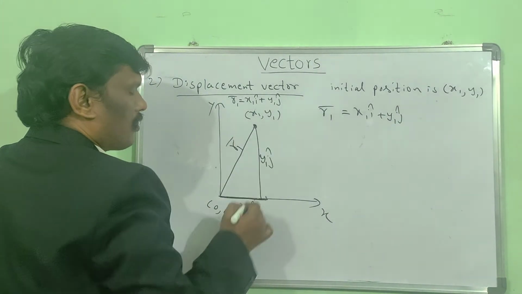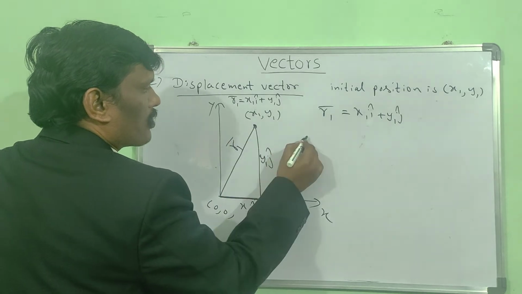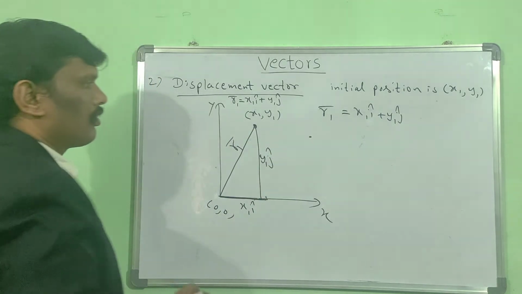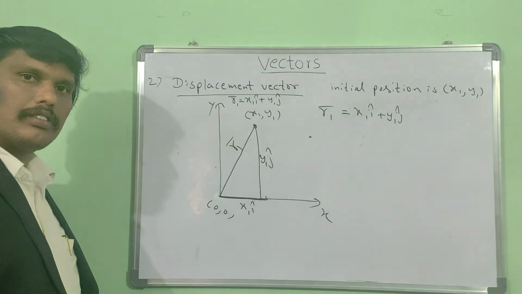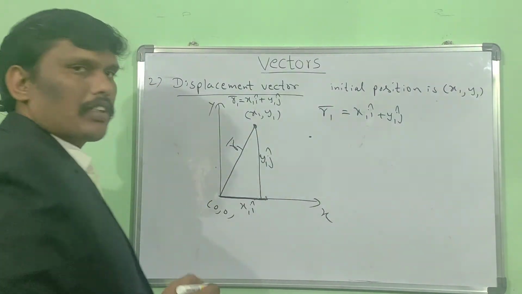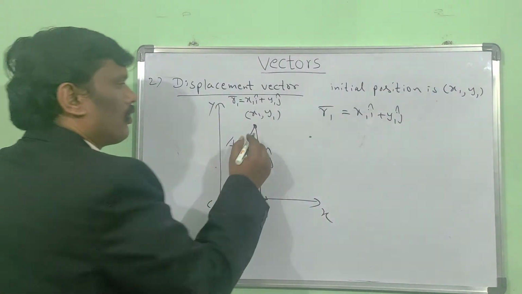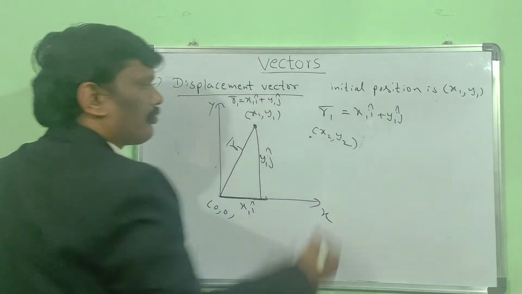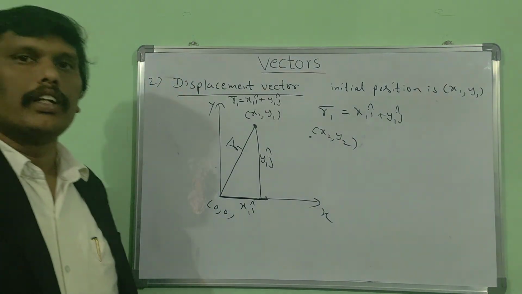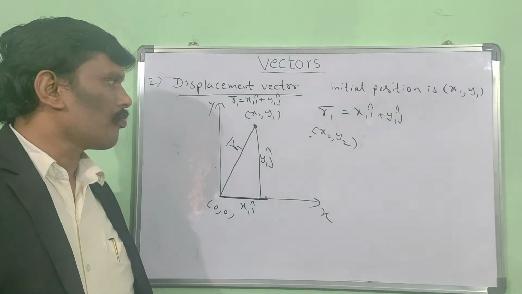Suppose I am going to consider the object travels from this position to this position. The object travels from one position to another position. At the time, this position I am going to consider x2 comma y2.